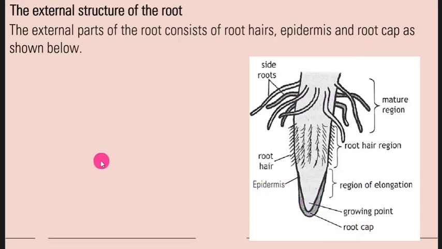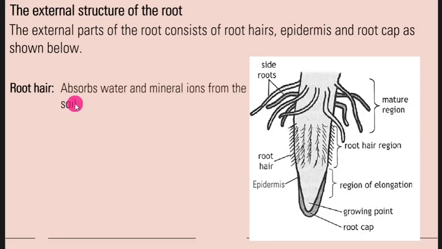Then what is the function of these external parts of the root, like the root hair? What you should know is that the function of the root hair is to absorb water and mineral ions from the soil.